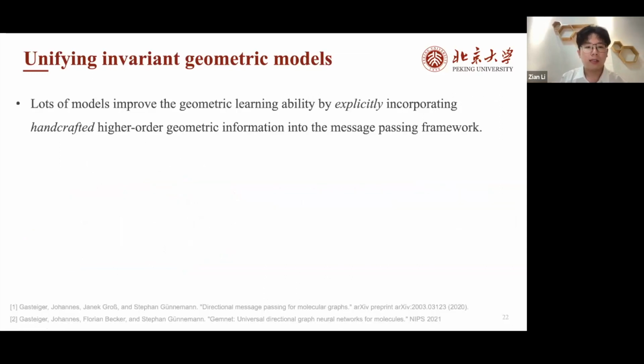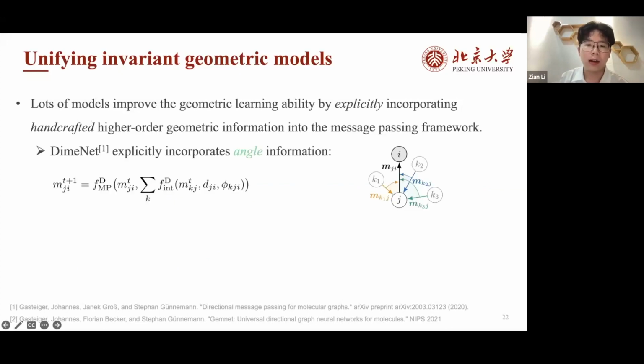First of all, let's introduce some models which are invariant geometric models that incorporate high-order geometric information. The first is DisGNNs. DisGNNs is a very classical model which explicitly incorporates angle information into its message passing framework. And you can see the angle information here. It calls this the directional message passing.